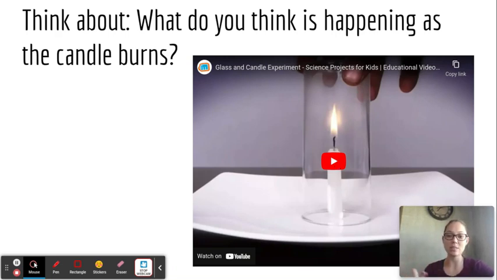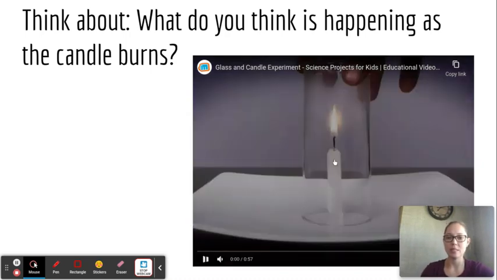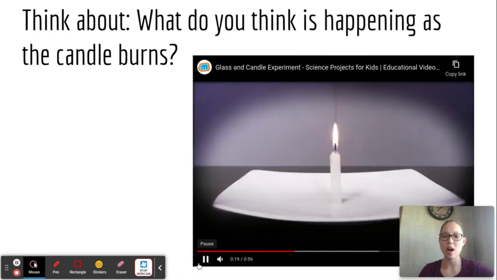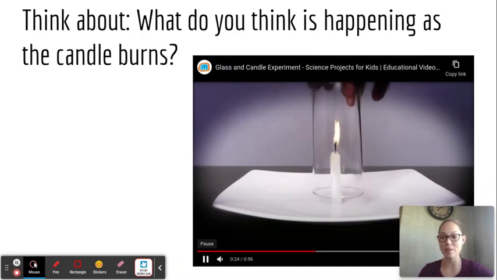If you need to, this is a great opportunity to pause the video to capture your ideas or go back and rewind if you need to watch this candle burning more than once. So again, just watch the candle burning. How is this a chemical reaction? Where is this stuff coming from? Where is it going?